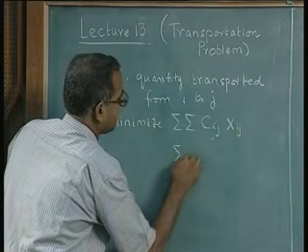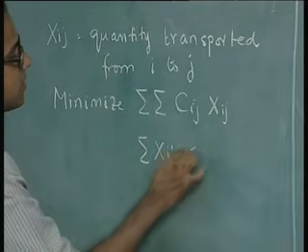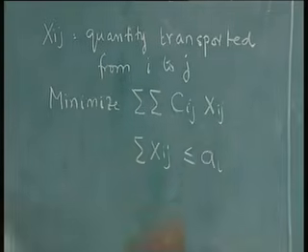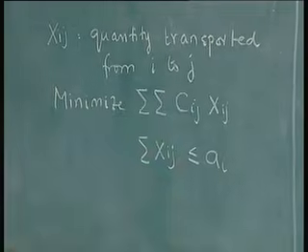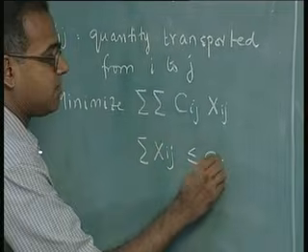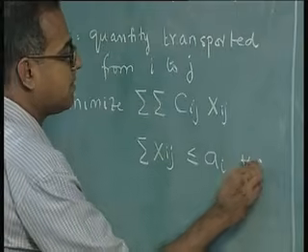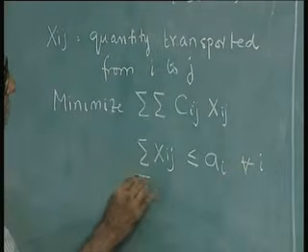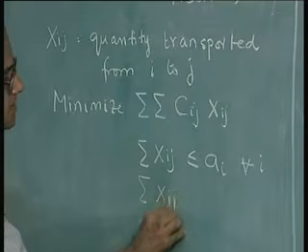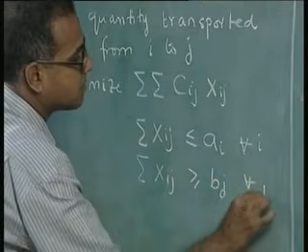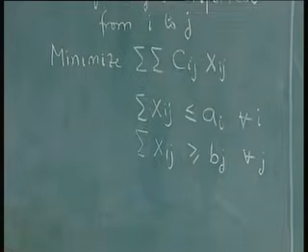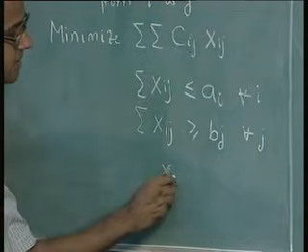So, for every supply point, the total quantity that leaves the point should be less than or equal to what is available. So, Ai is the quantity available in supply point i, and as far as every demand point or destination point is concerned, the total received is greater than or equal to Bj for every j. Xij is greater than or equal to 0.